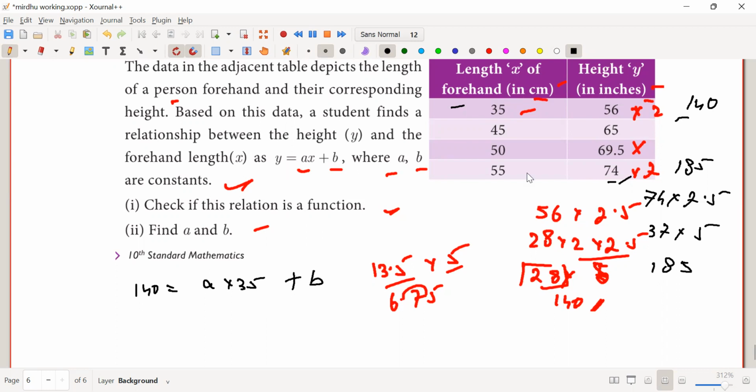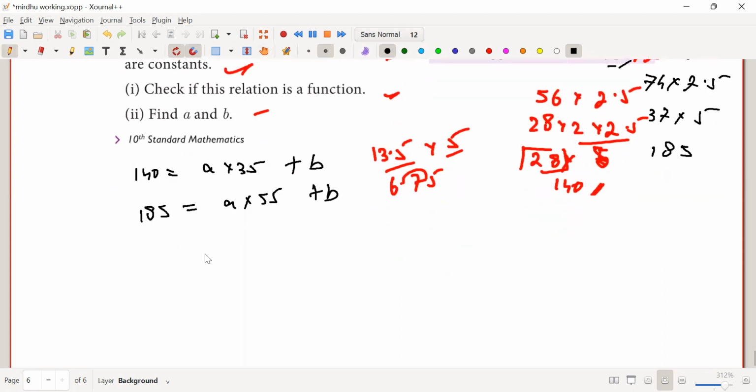Then y equals 185 equals a into 55 plus b. So 35a plus b equals 140, and 55a plus b equals 185. This is a linear equation in two variables.